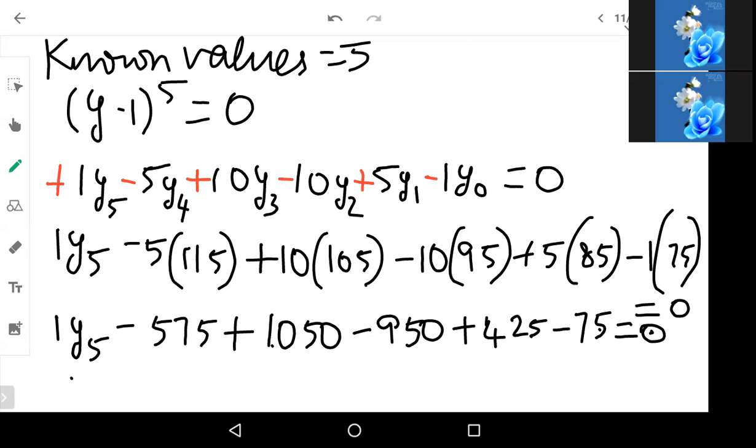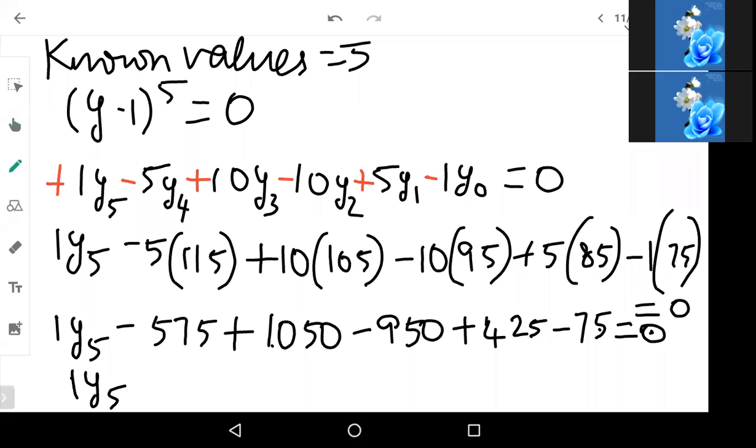Okay. Now 1y5 will be there. Rest all the numbers, do the addition and subtraction. Minus 575 plus 1050 minus 950 plus 425 minus 75. Is it 300? I doubt it is 300. Check properly. It is coming 125, minus 125.